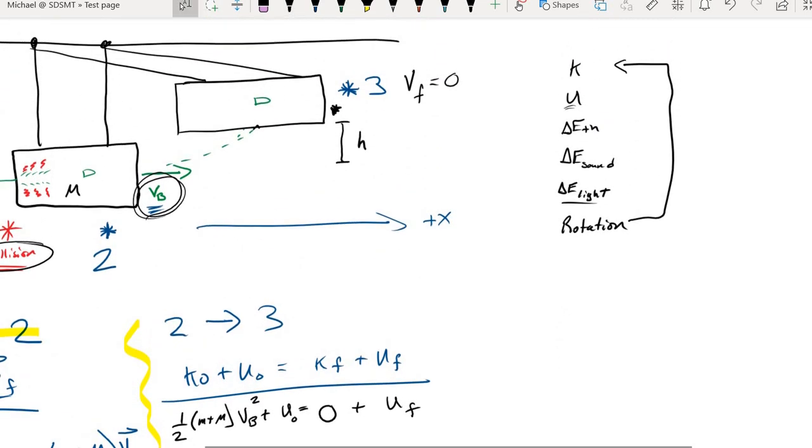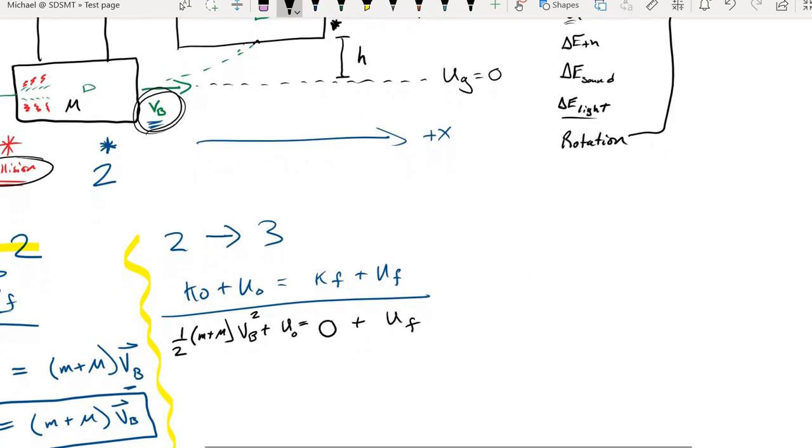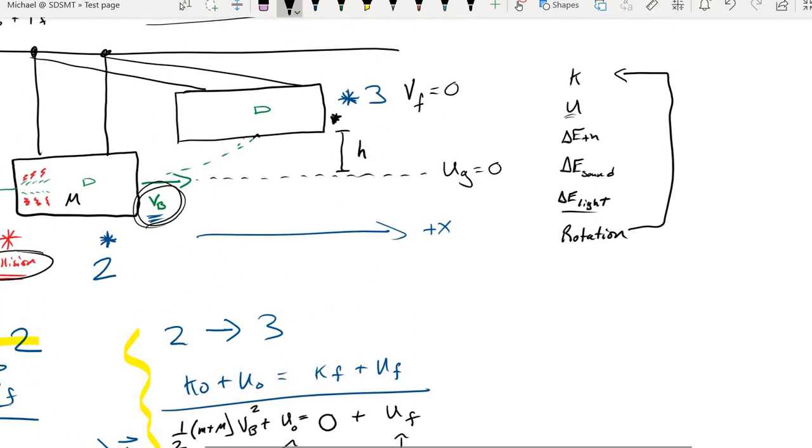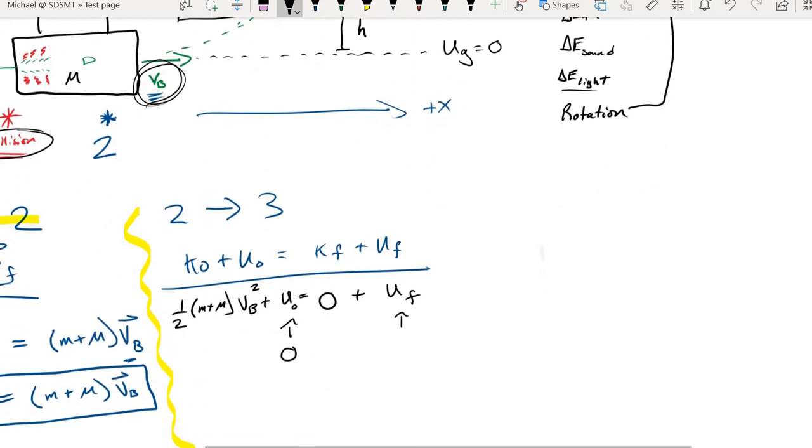So now comes the point where we have to figure out where we want the 0 point for potential energy to be. And I'm kind of a creature of habit. I prefer using the lowest point in the system, and that means we can allow the initial gravitational potential to be 0, and the final potential will then be based on the final height of h.